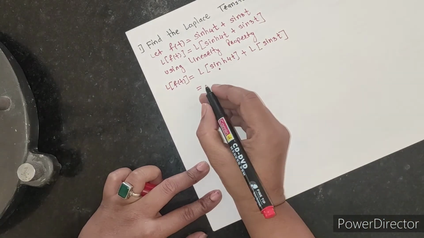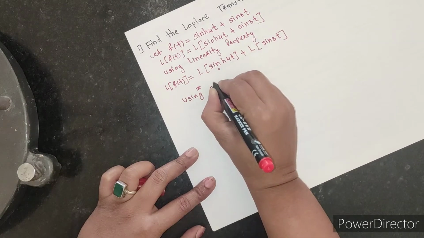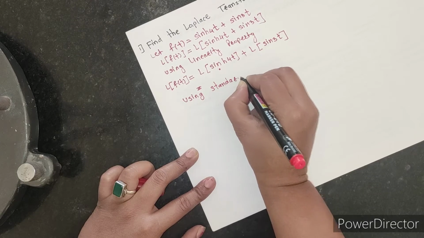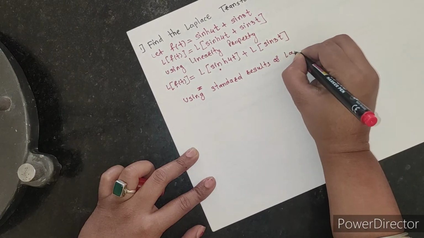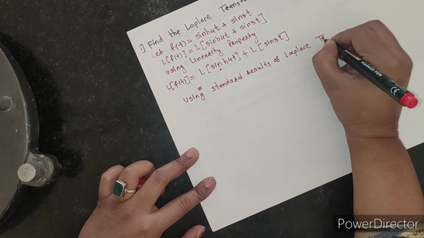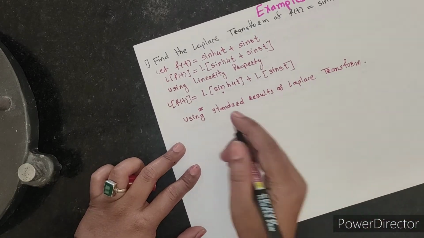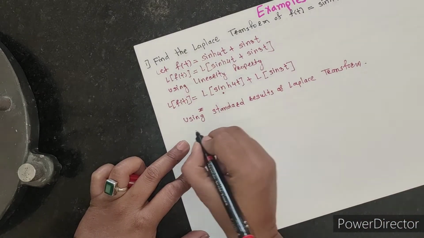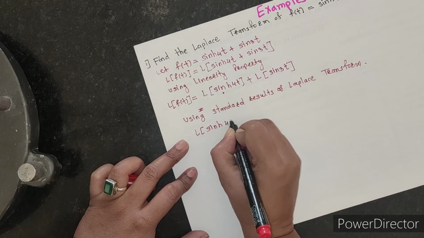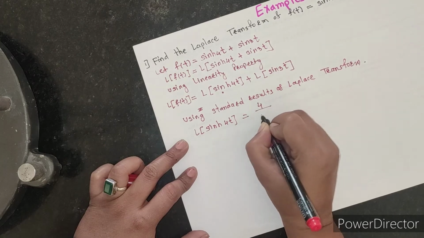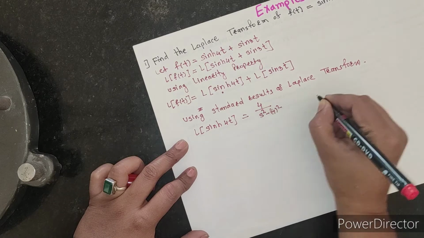So, using standard results of Laplace transform, L of sine hyperbolic 4t is equal to 4 upon s square minus 4 square.